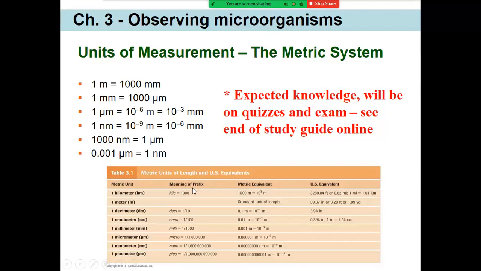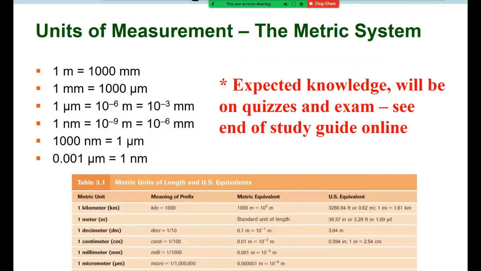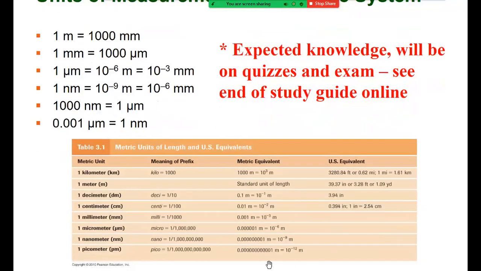Now in this table here, you should know a kilometer. A kilo is 1,000 meters. Let's see if I can blow that up a little. You should know a meter. There are units in between a meter and a kilometer, but we don't use them too much.